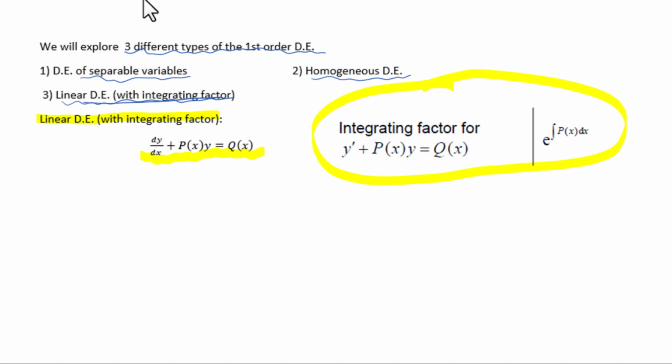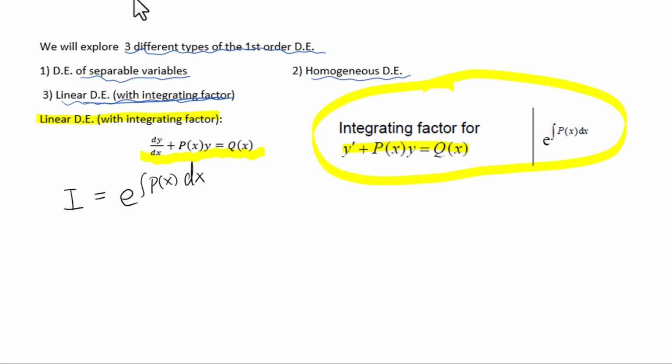The integrating factor for linear differential equation is e to the integral of p of x dx. Normally for the integrating factor, I will use I to stand for it: I equals e to the integral p of x dx.